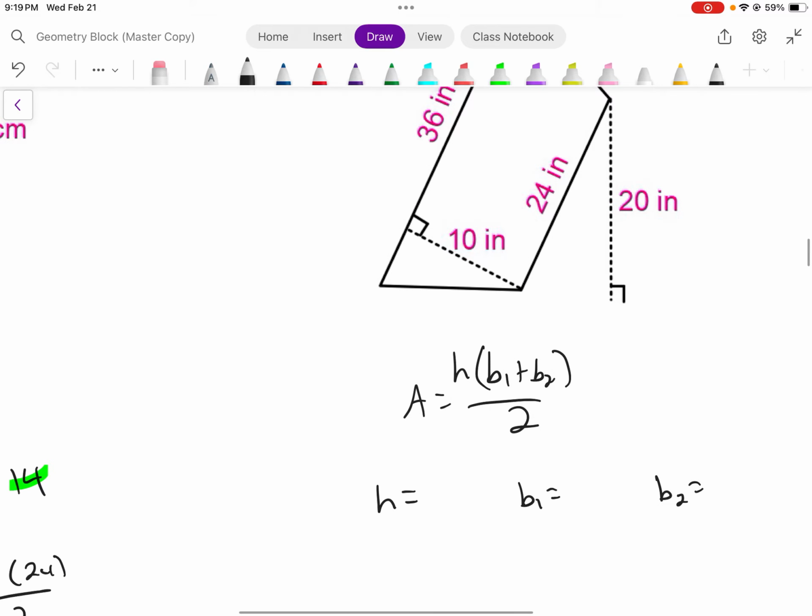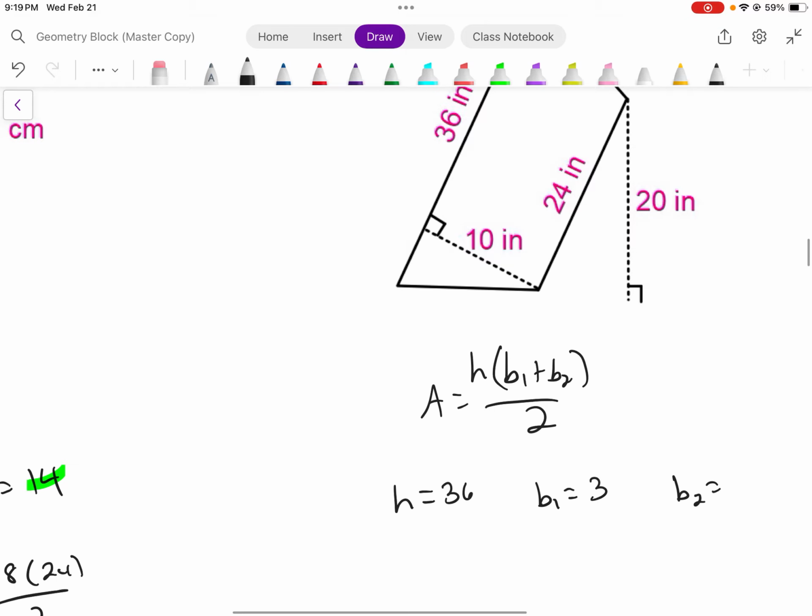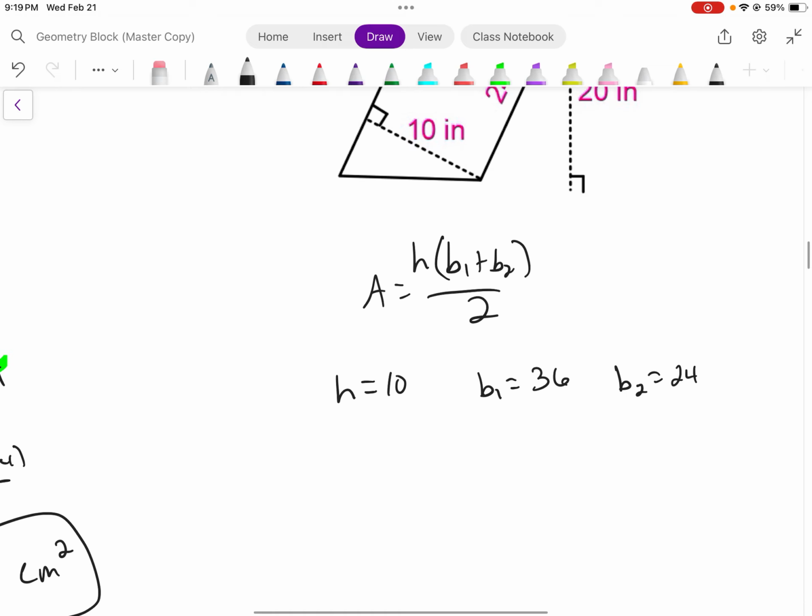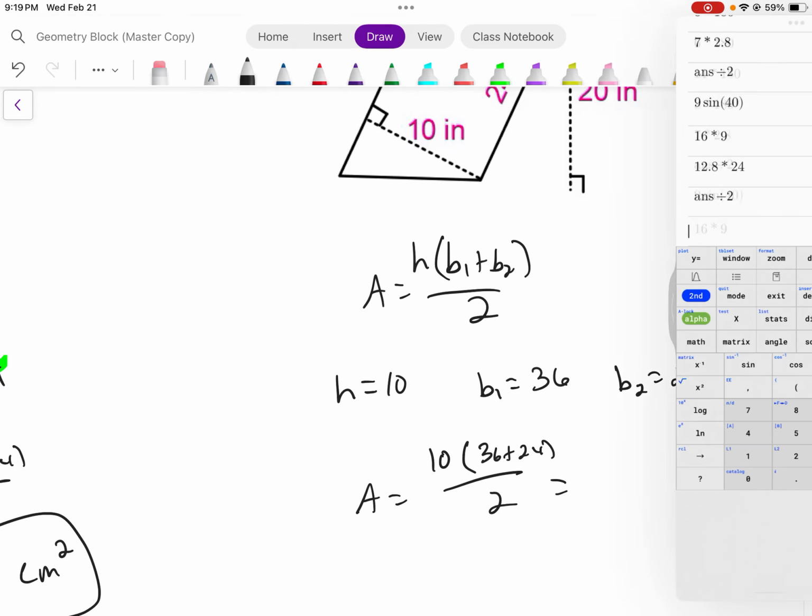The parallel sides are the bases, so the 36 and the 24. And the height, the distance between those 2, is 10.